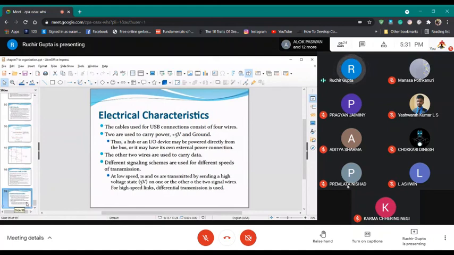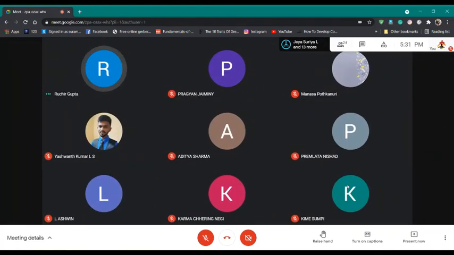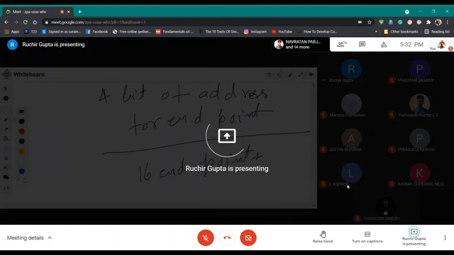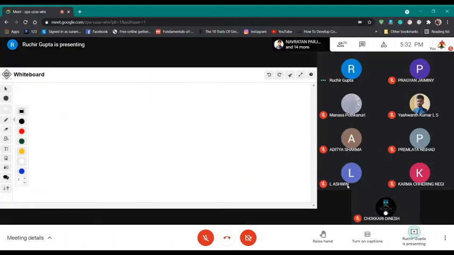Now let's see the frame structure of isochronous packets, and then we'll look at the electrical properties and finish off. Of course, everything starts with an 8-bit PID.